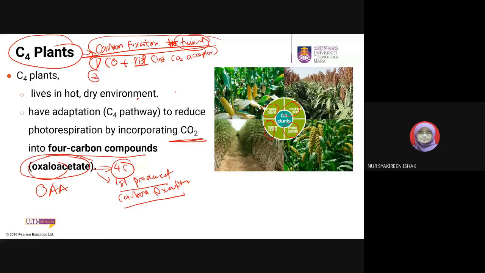The second carbon fixation occurs during the Calvin cycle, which melibatkan carbon dioxide combine dengan RuBP to form PGA. Carbon dioxide combine dengan PEP akan form oxaloacetate. Ingat, C4 plant undergo carbon fixation twice. C3 carbon fixation only once.